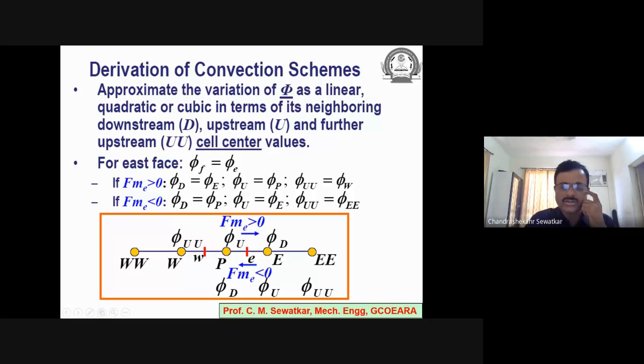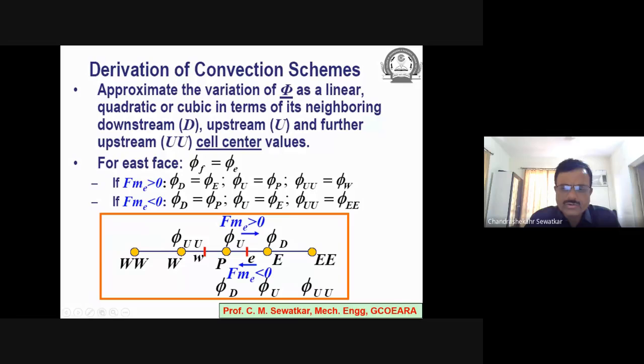We'll try to understand the equations or expressions for determining the value of phi small e. So if this is the east face, this is my cell center under consideration. This is the east neighboring cell center, and this is the west neighboring cell center.